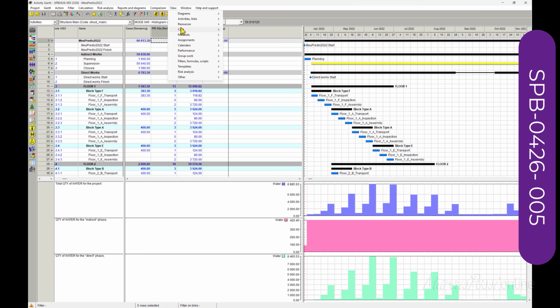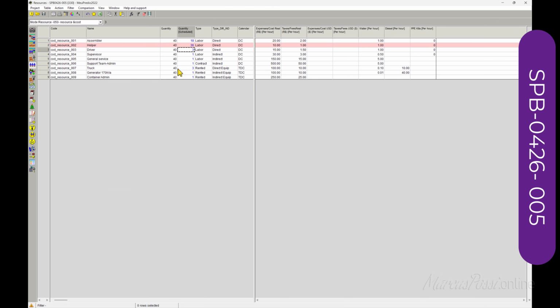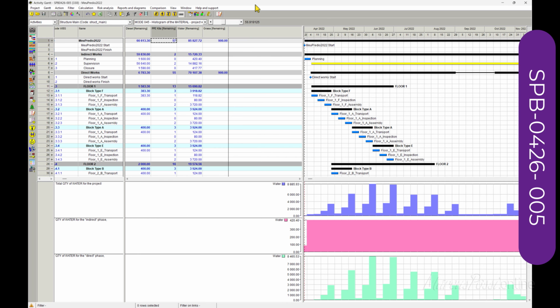By the way, I do think we have two main resources here. 40 of everybody means a lot of, how do you say, free resources. There is too much free hours, work hours.